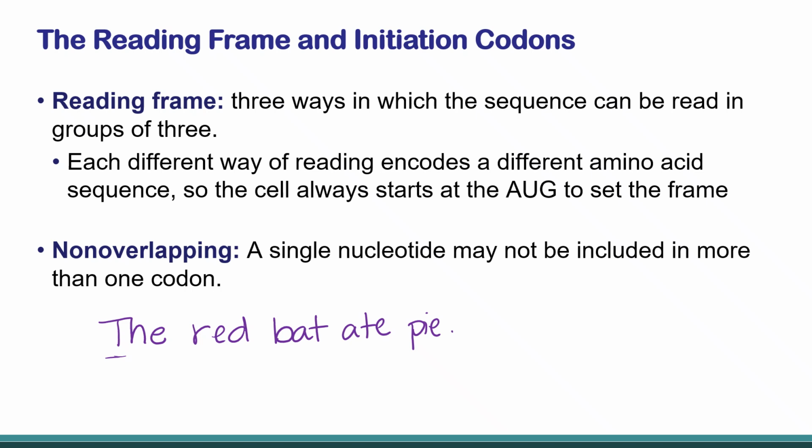We're going to ignore the spaces in between, but each of these is a triplet. Now, if I start my sentence instead at the H, but still read my triplets, we get a completely different sentence. In this case, it means absolutely nothing. It's complete gibberish. If we start on the E instead, we get a different bit of gibberish.